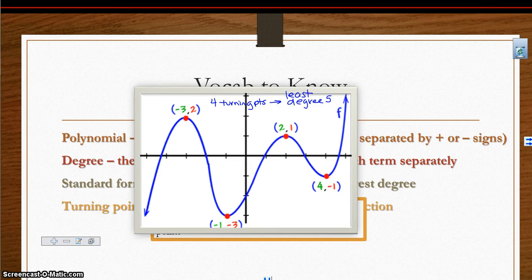We're going to talk much more about that in depth a little bit later. We're going to do this discovery activity with our calculator. So don't worry too much about it at this point.